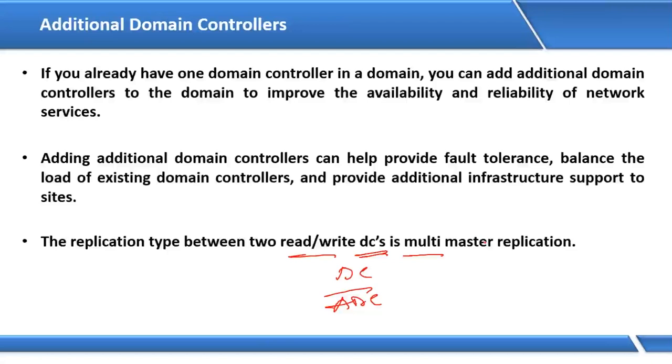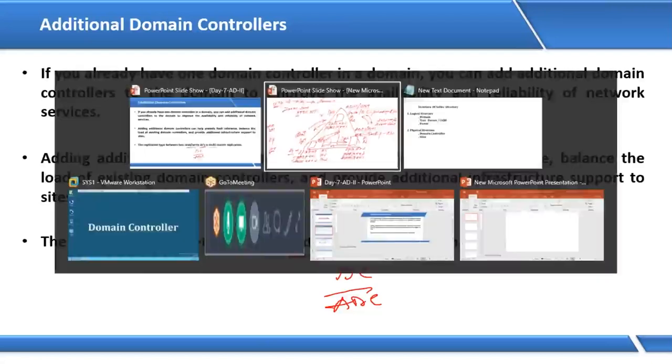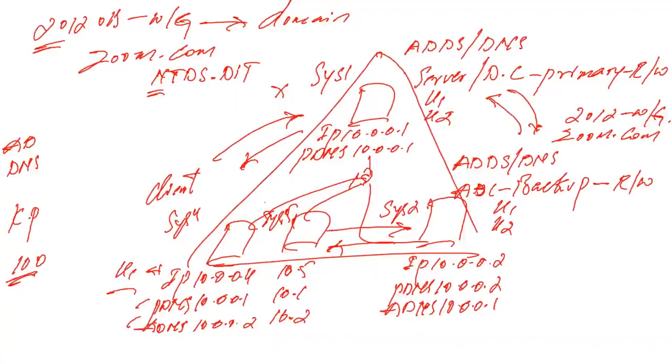Any doubt? So in every network, how many servers do we require? At least two servers. One primary server, one backup server, right? So please copy this slide.